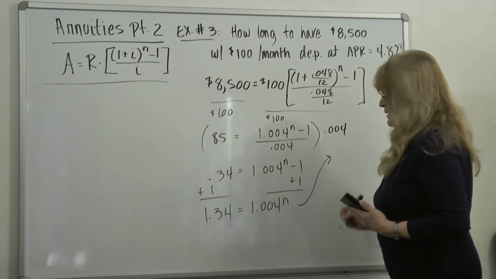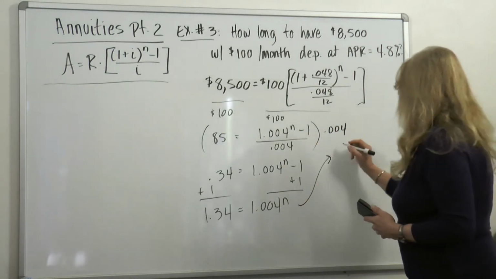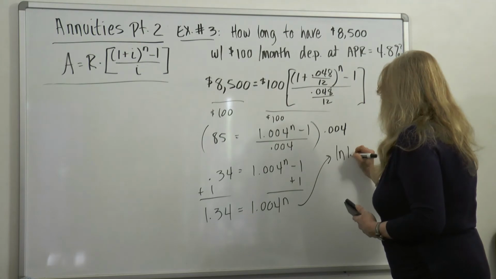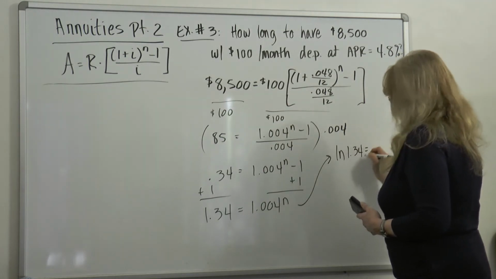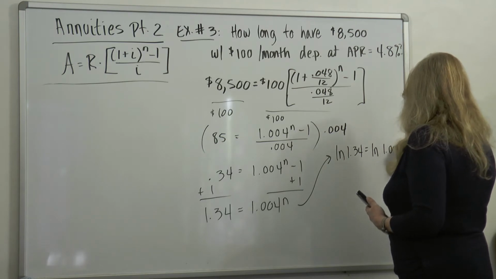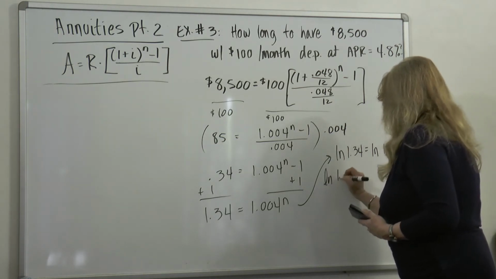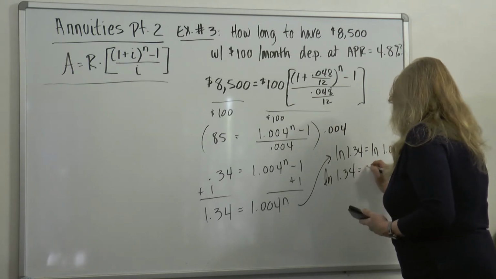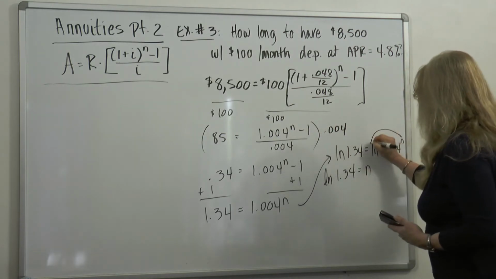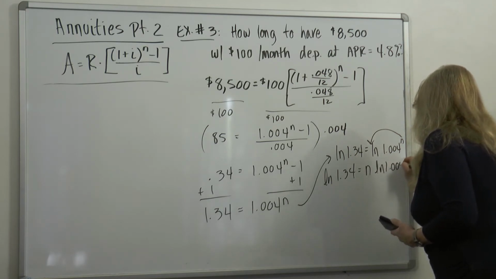Okay, got to get the N out of that funky position. Take the natural log of both sides. So the natural log of 1.34 equals the natural log of 1.004 to the nth. Bring the N out front, remember? N times ln 1.004.